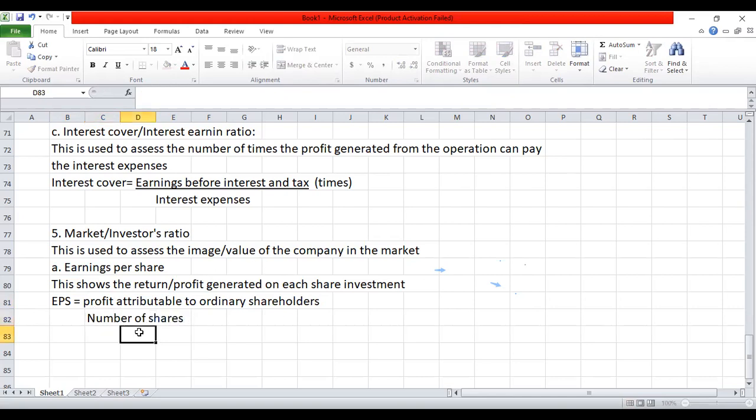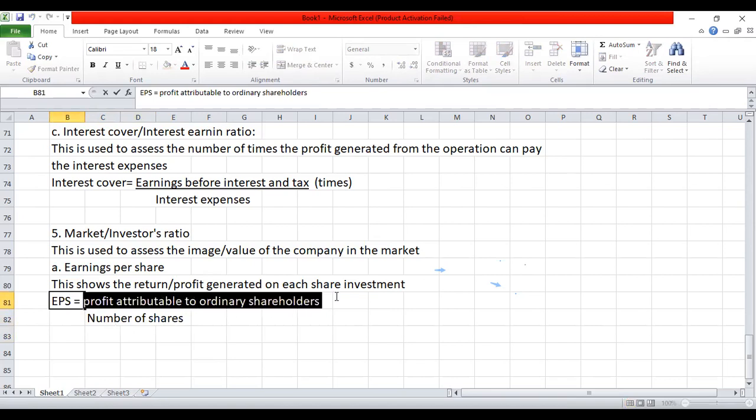I think we've already looked at this in our previous discussion. The unit of measurement is the currency, the money you are getting, in this case.